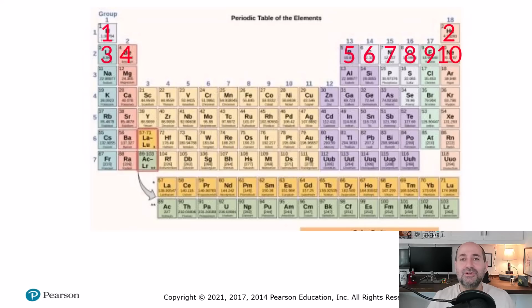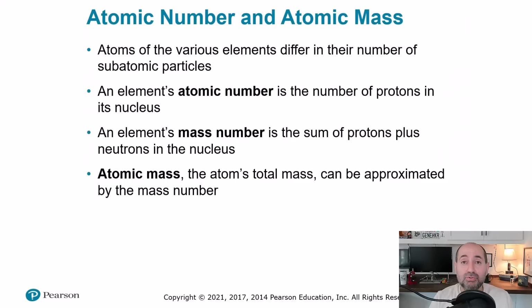I want to share with you that carbon has 6 protons. No other element has 6 protons. So by definition, you can identify an atom based on the number of protons it has. If the element has 6 protons, it is carbon, period, the end. Okay? There's no other element that would have any business having 6 protons.